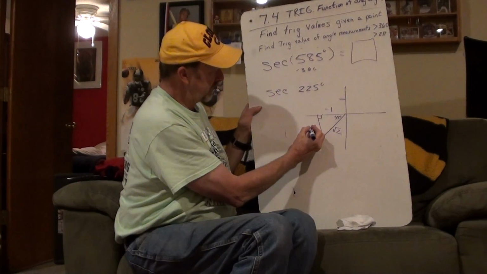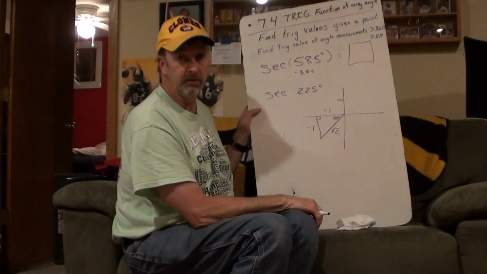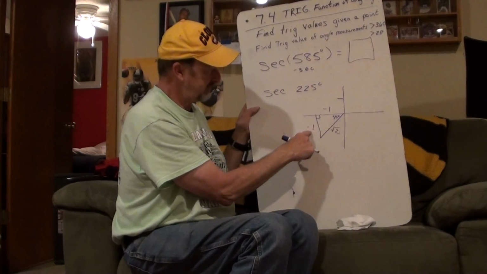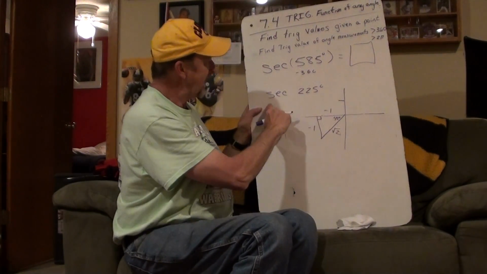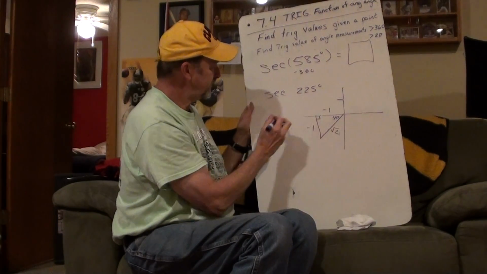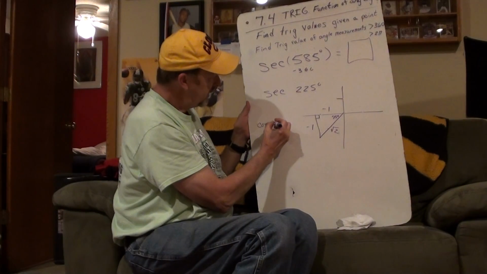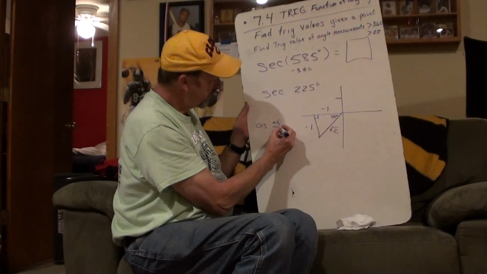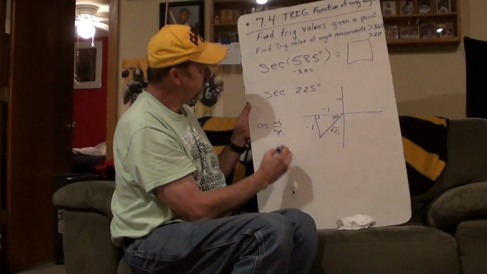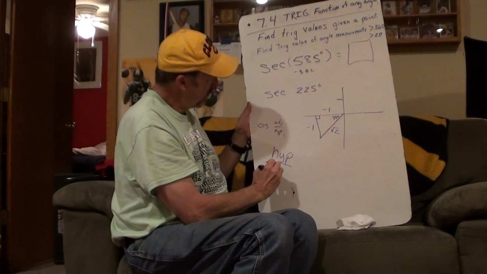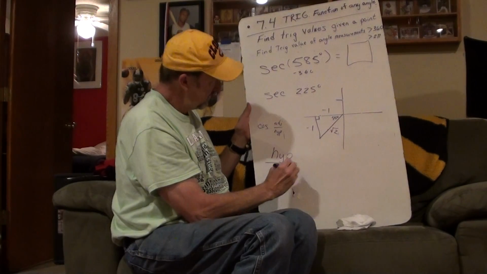And this can be -1 also, because it's down. So we went to the left and went down. That's why that's negative, and that's why that one is negative. Now we'll go, okay, secant of 225. And off to the side I might be thinking, okay, cosine is adjacent over hypotenuse, which means secant is hypotenuse over adjacent.